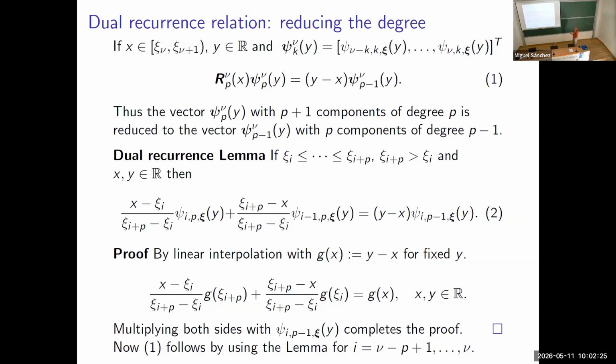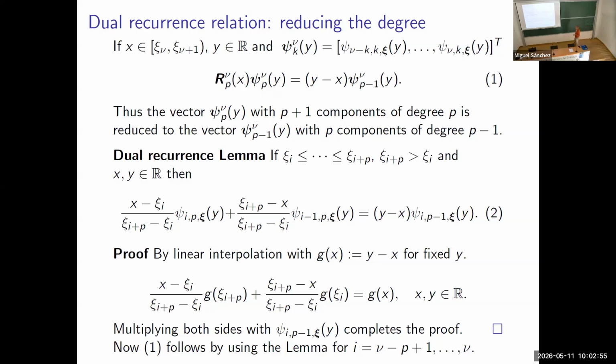So if you do linear interpolation and you have g of x_(i+p) times this term and this term, then you get g of x. That's a linear interpolation. Anyway, if you know linear interpolation, you can derive anything you want on B-splines, actually.